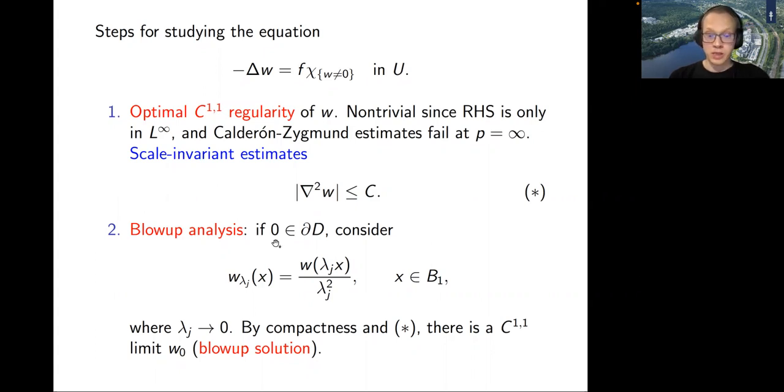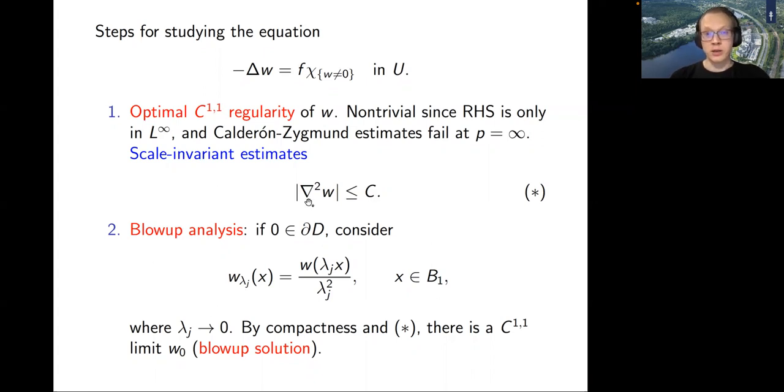So you assume that 0 is a boundary point, and then you look at the sequence of rescaled solutions W_{lambda_j}(x) equals W(lambda_j x) divided by lambda_j squared in the unit ball, where these scalings lambda_j go to 0. So you look at tiny neighborhoods of the free boundary point, and then you blow up that tiny neighborhood into the ball of radius 1.